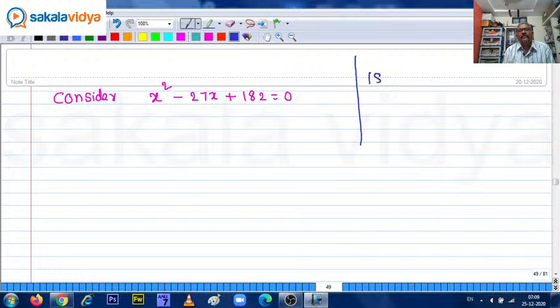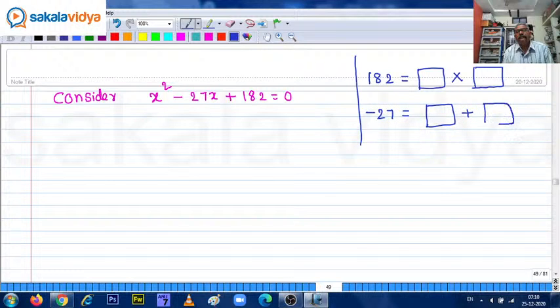So 182 is the product, and minus 27 is the sum. Now try 14 plus 13.